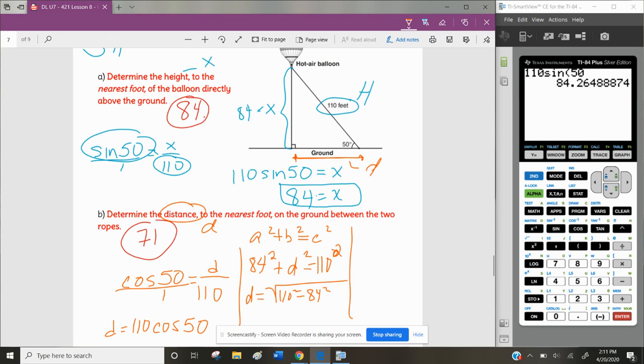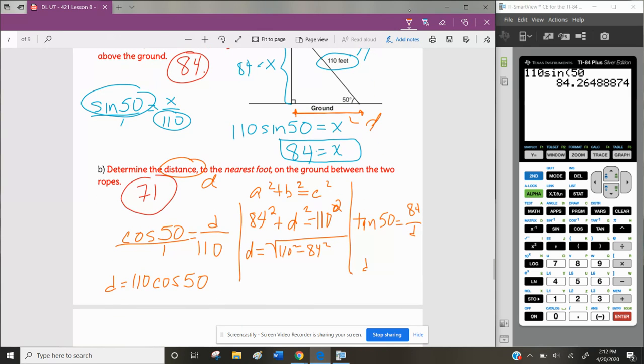I also, instead of using cosine, could have used tangent now that I know 84. Tangent of 50 degrees equals 84 over D, the distance I'm looking for. D equals 84 times the tangent of 50. And regardless of which one of these that we do, we're going to get an answer of 71 when rounded to the nearest foot.